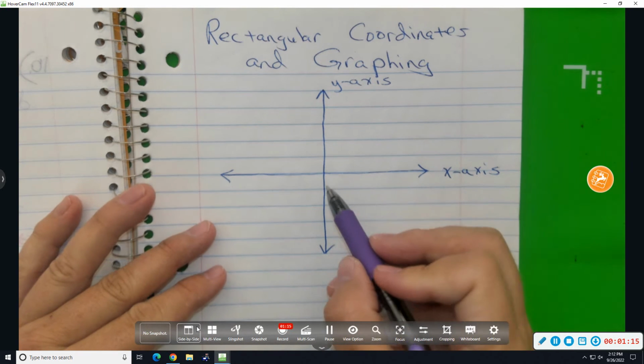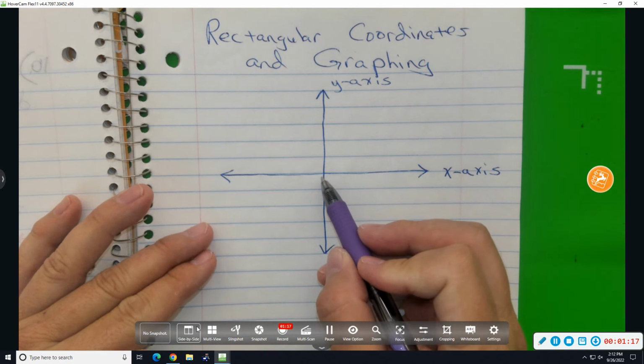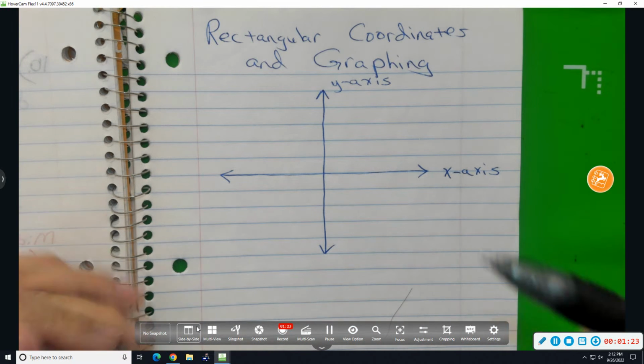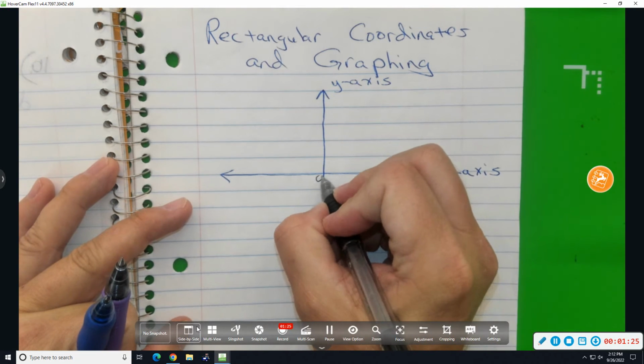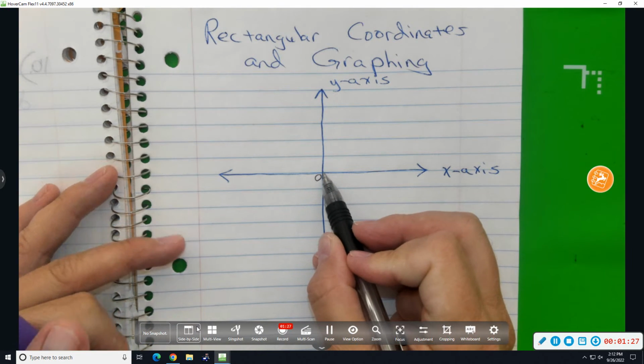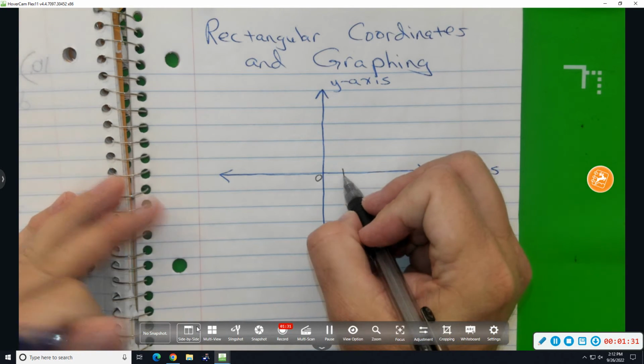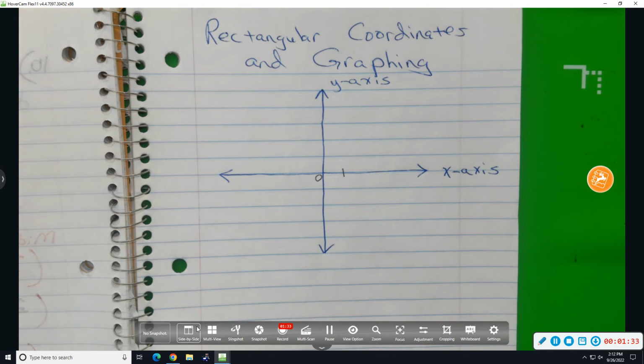Yes? The point of intersection corresponds to the number 0 on both of these number lines. So here's 0, that point of intersection right there corresponds to 0. Move just like with any horizontal number line.